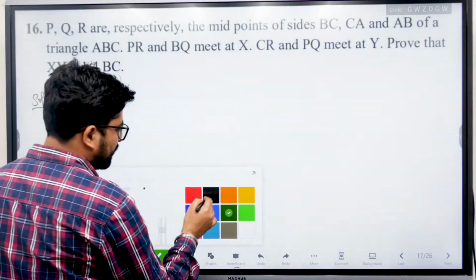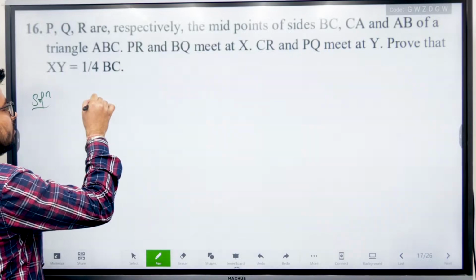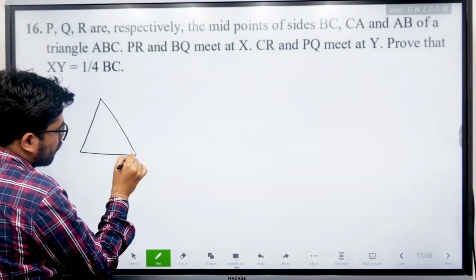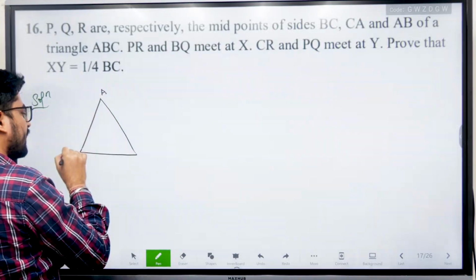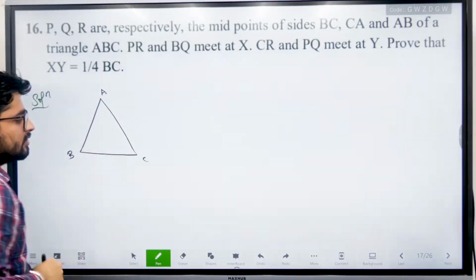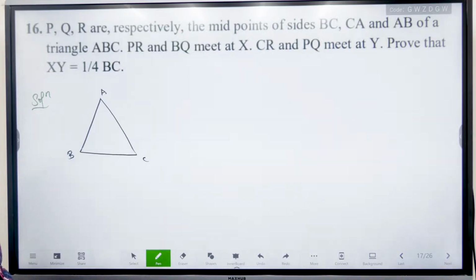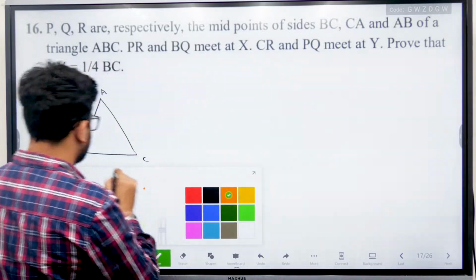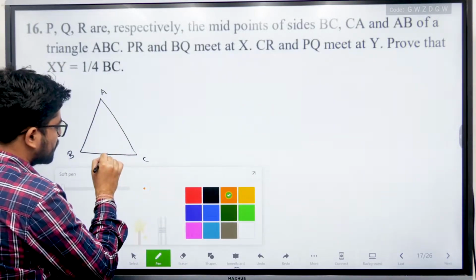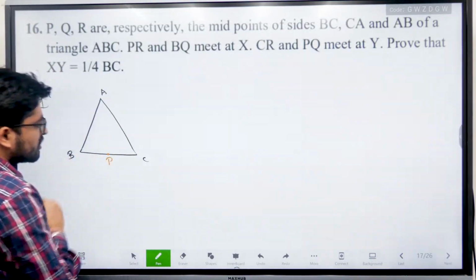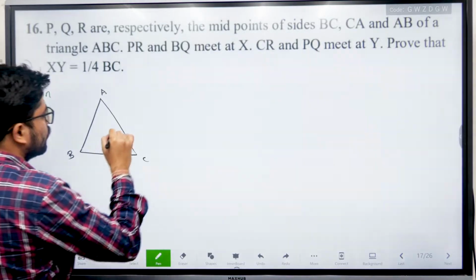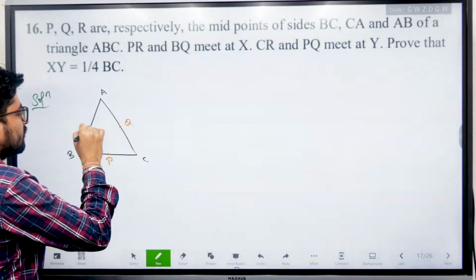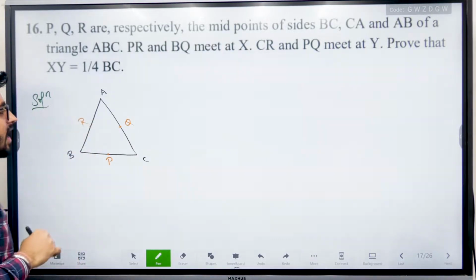Let's draw your triangle A, B and C. P is the midpoint of BC, Q is the midpoint of CA, and R is the midpoint of AB.